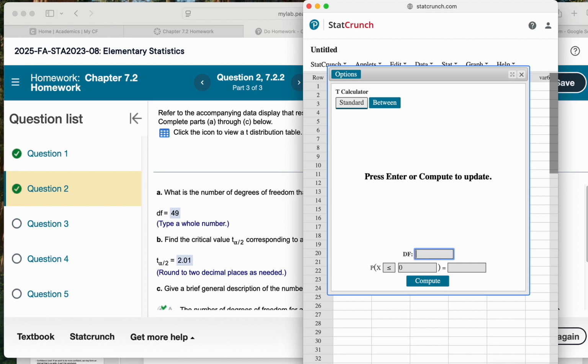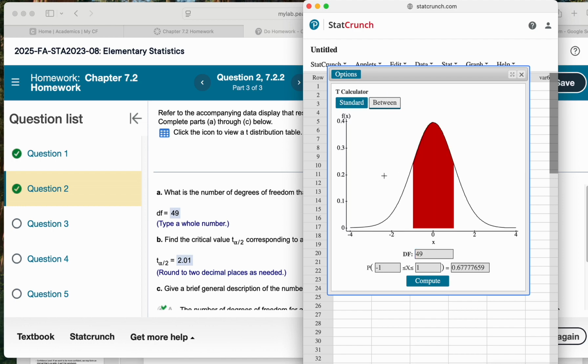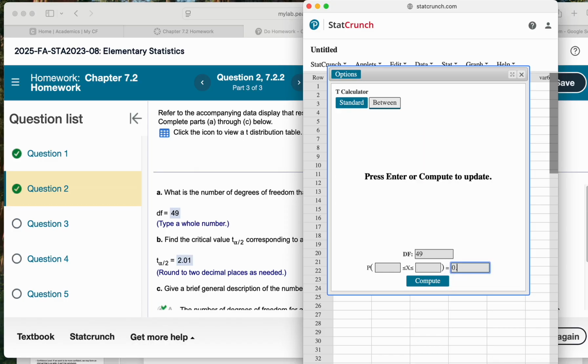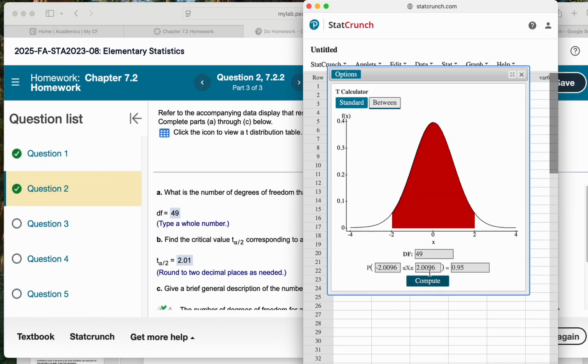And so if we have degrees of freedom 49, and we want the area between, right, to be 95%, there we see the 2.01 when it gets rounded. Notice that that's definitely a different value than what was in the table, but that's okay because it will actually still round to the same thing.